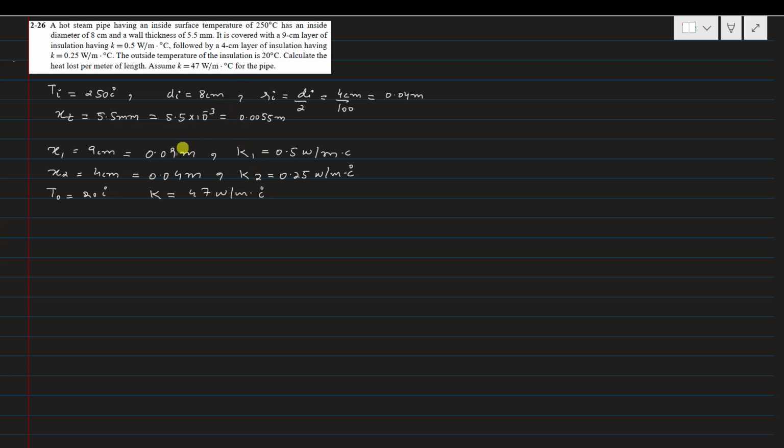And we need to find the heat loss per meter length. So heat loss per unit length of this pipe is our concern. So it's a composite pipe. Let's say this is the pipe, and this is the wall of the pipe.